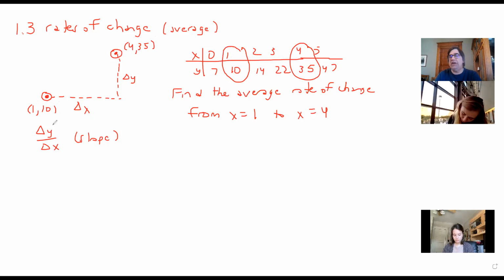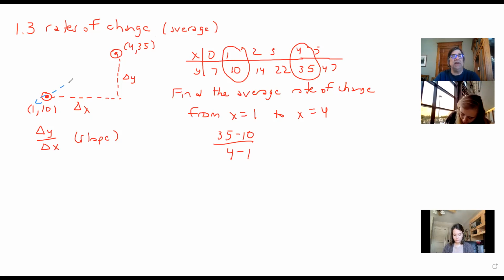How do I calculate the change in x? 4 minus 1. How do I calculate the change in y? 35 minus 10. Which is exactly how you calculate a slope. So it's not necessarily a straight line through the 2 points, but that is what you're calculating. You're calculating the average rate of change, just like you would do a slope.